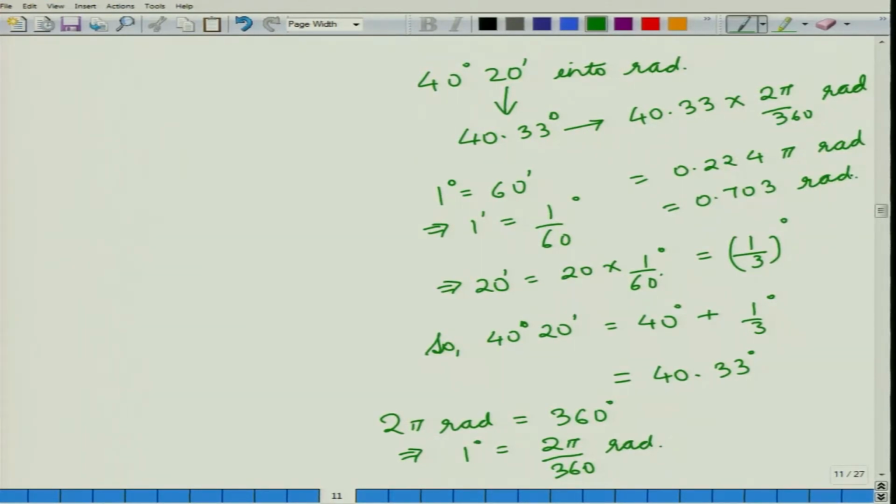So, essentially 40 degrees 20 minutes is equal to 0.703 radian. So, now we can convert a degree measure into a radian measure. This is how the calculation goes.